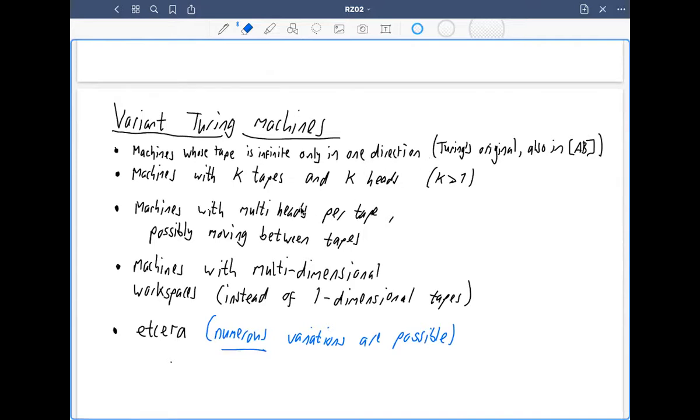The other variations I'm going to mention for discussion are ways of seemingly making the model more powerful. So far we've used one tape with one head, but it might be useful to have a bit more working space and be looking at more than one symbol at once.